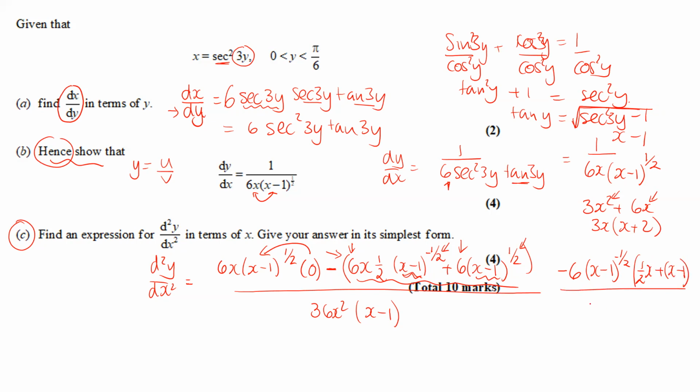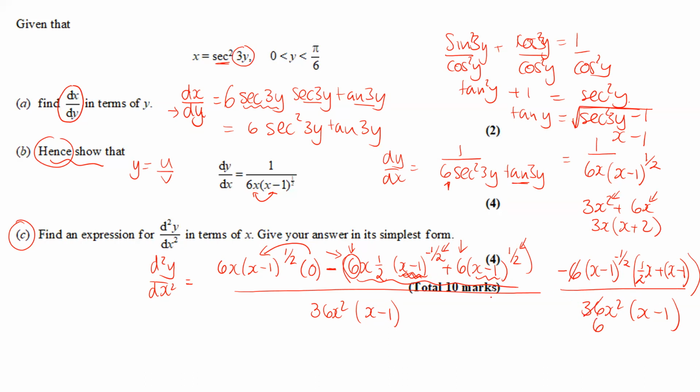And then I'm all over 36x squared, x minus 1. Does everybody understand what I've done there? I've taken 6 out, and an x minus 1 to the minus a half. And then what will happen with the 6 and the 36? That can cancel down. So I'll just get 6 there.